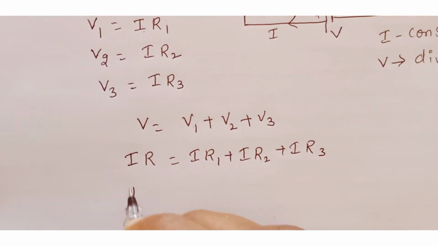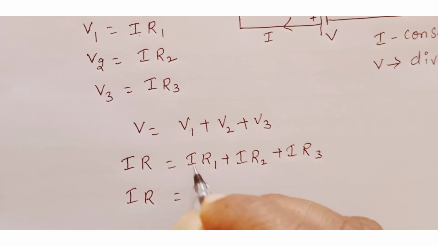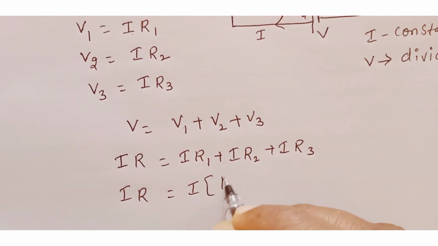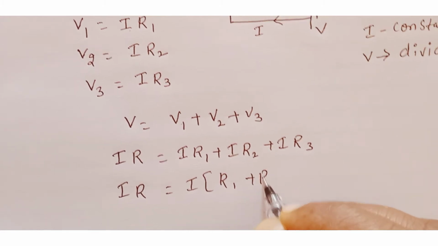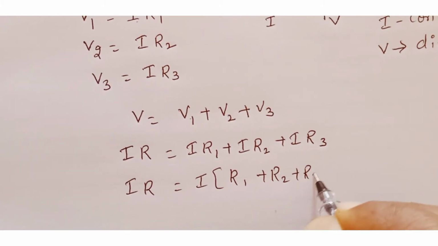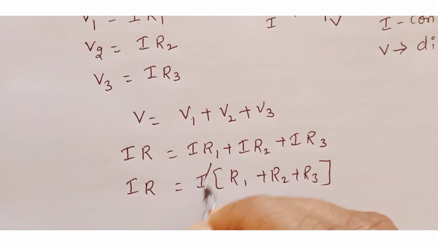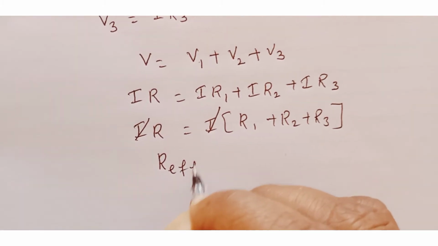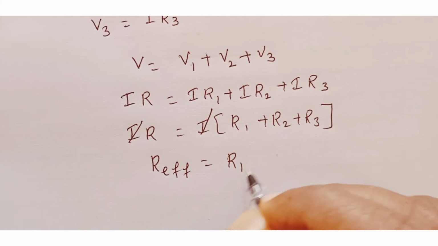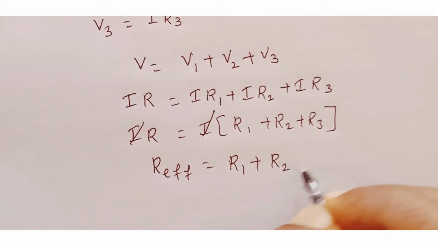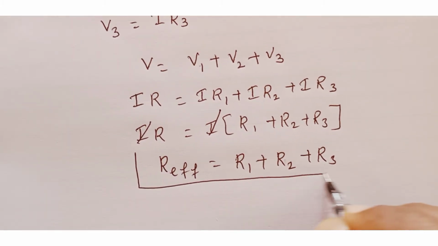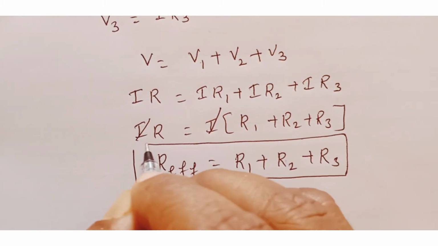Now in these terms I is common, so I into R1 plus R2 plus R3. Now I on both sides gets cancelled. The effective resistance when three resistors are connected in series combination is R1 plus R2 plus R3.